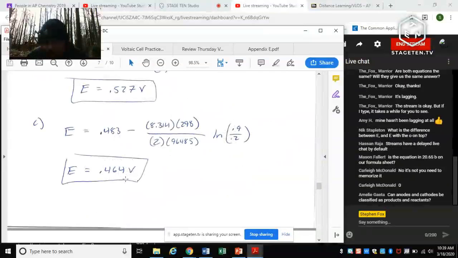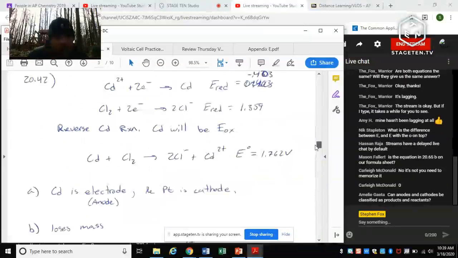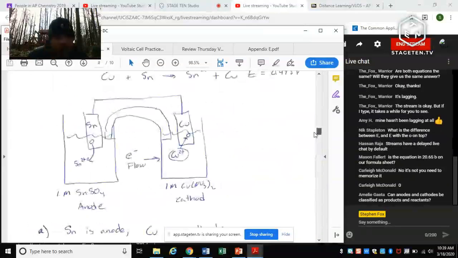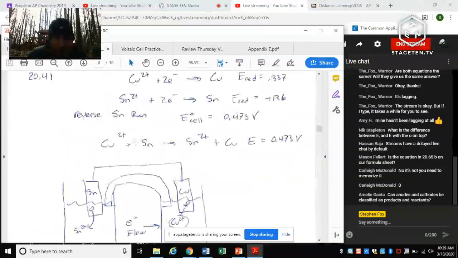Okay, can anodes and cathodes be classified as products or reactants? Yes, they can be if they're part of the reaction, right? If we go back up to our battery here that we made, solid tin is a reactant in our battery, in our galvanic cell.